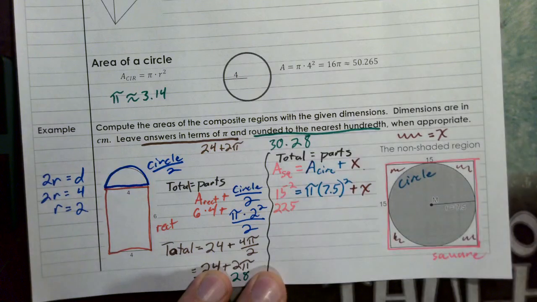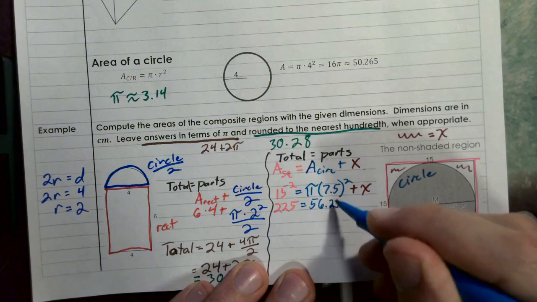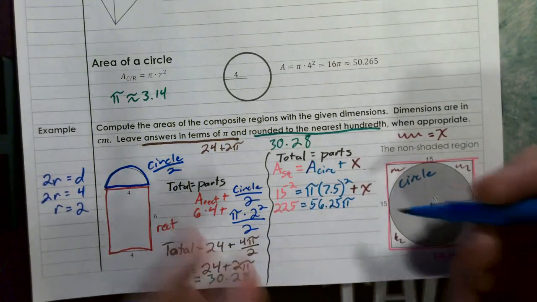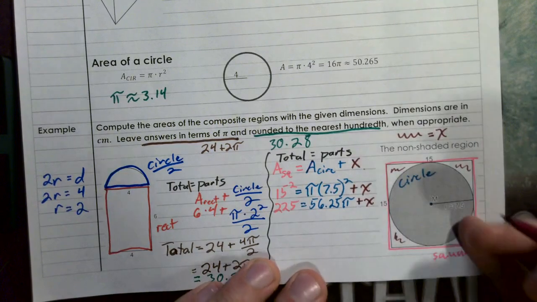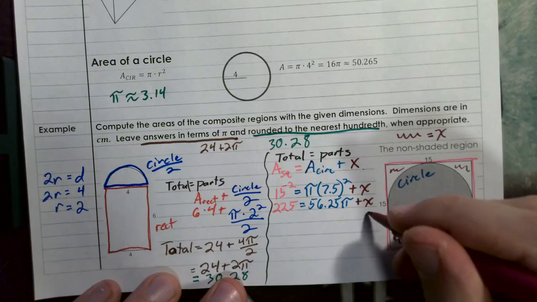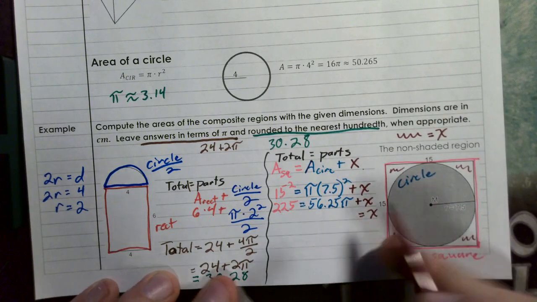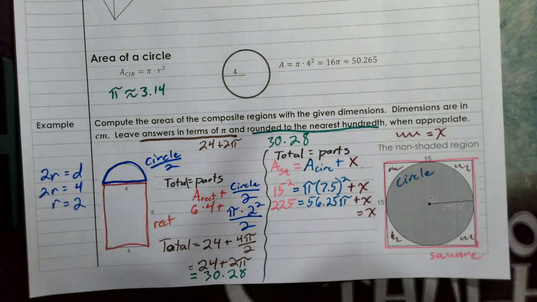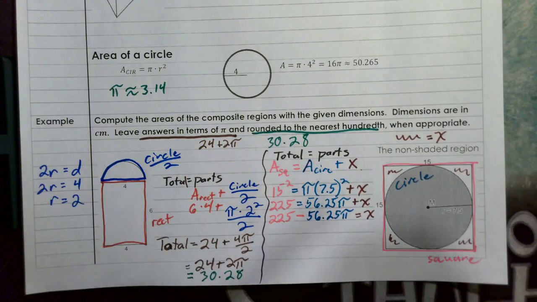And then 7.5 squared is 56.25. So that must mean x equals 225 minus 56.25 pi. So that is my answer in terms of pi.